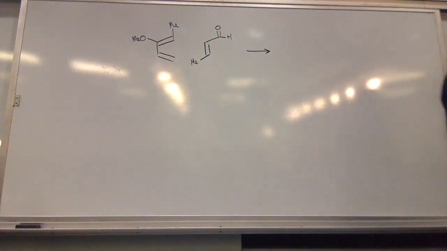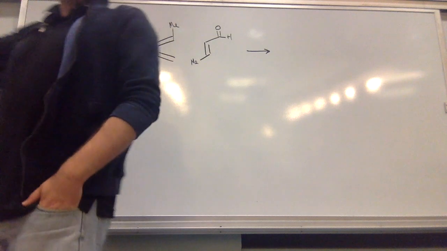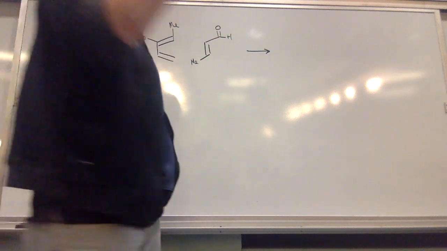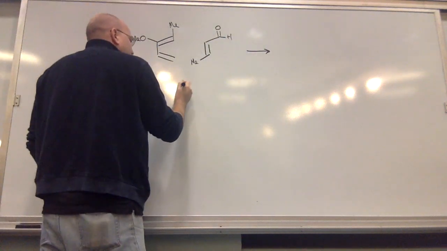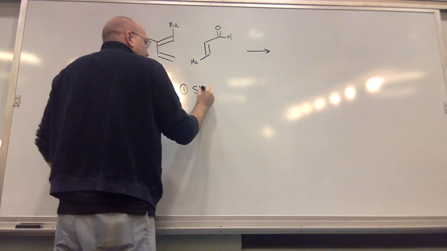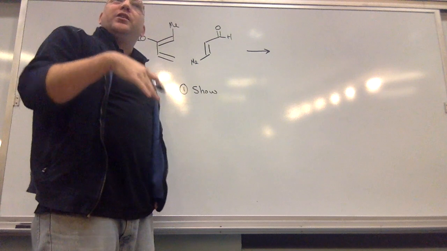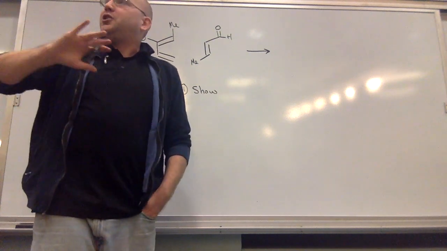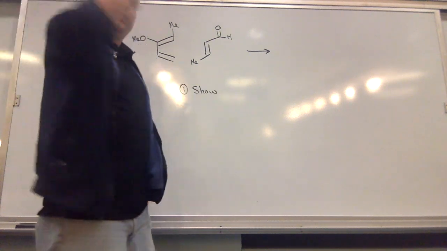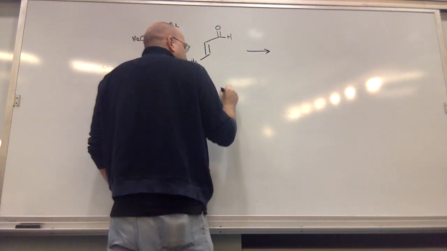So the first question that I want you guys to answer is, show me the two potential regioisomers, or both hypothetical regioisomers. Don't worry about stereochemistry at this point. So don't show any stereochemistry, just draw both regioisomers.